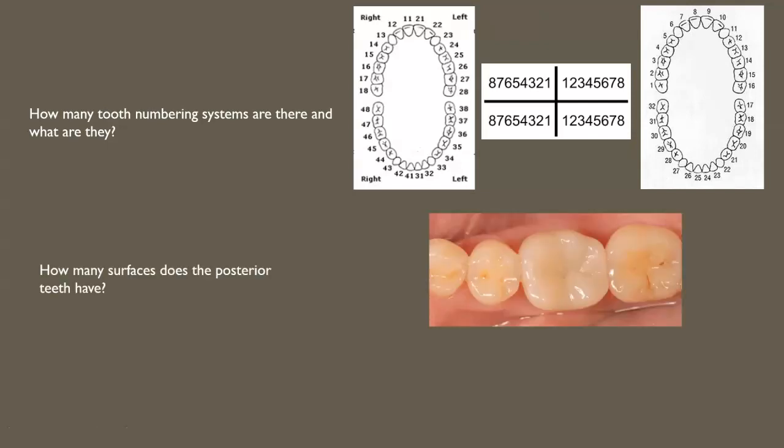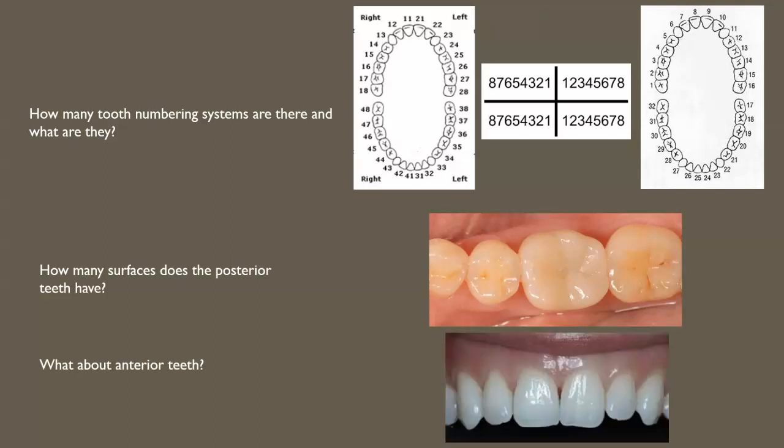How many surfaces do the posterior teeth have? And what about the anterior teeth? If you said 5, that is correct. If this is the mesial, this is the midline, this is away from the midline, this is the cheek, this is the tongue side, and we know this because we can see saliva building up right here.